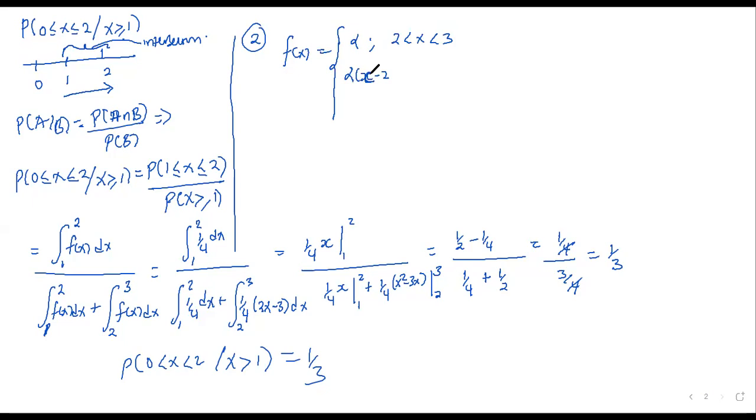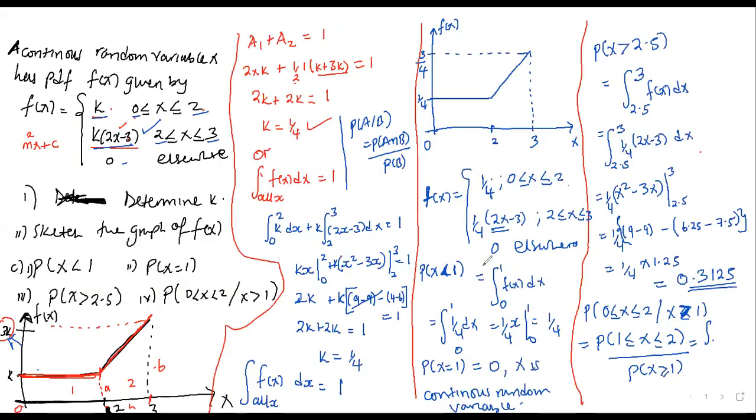Where did the 3 come from? Now the denominator was saying x greater or equal to 1. When you go back to our question, it was ranging from 0 to 2, then 2 to 3. So it begins from where 1 lies until it goes as far as where you stop here. That's why the 3 comes in.